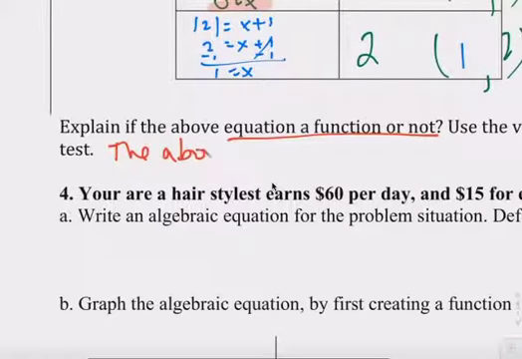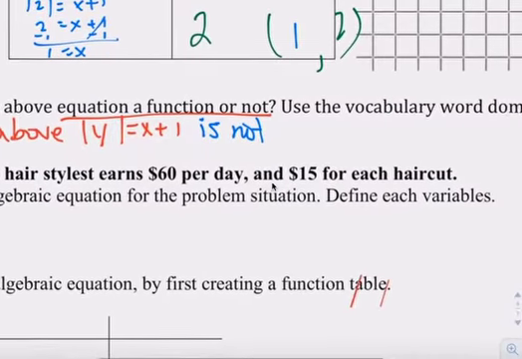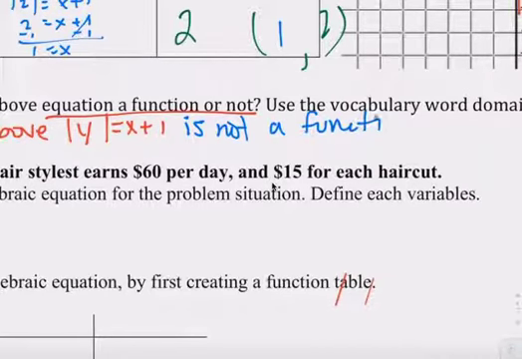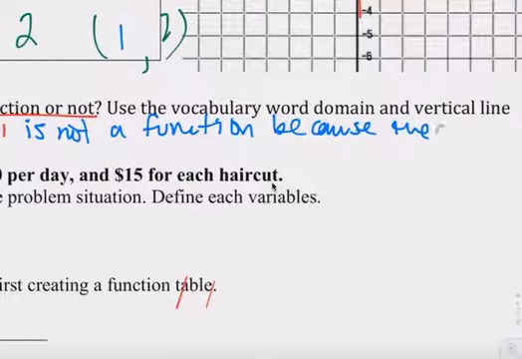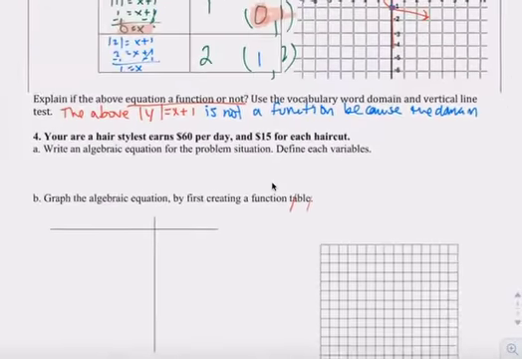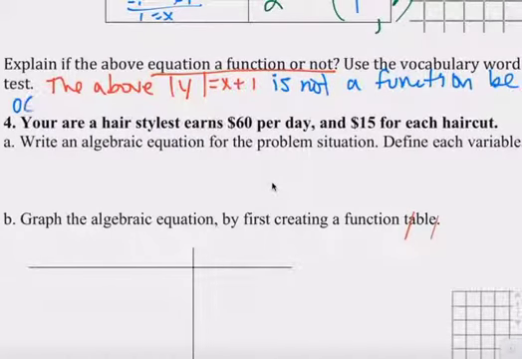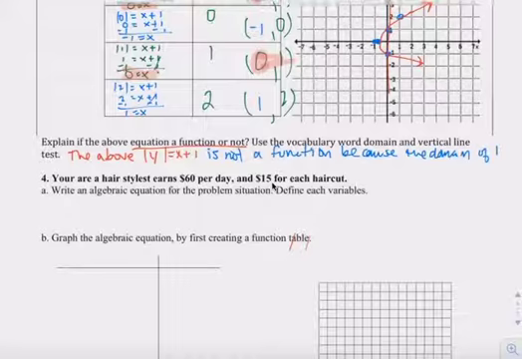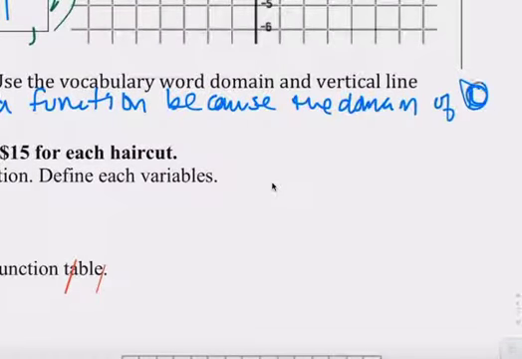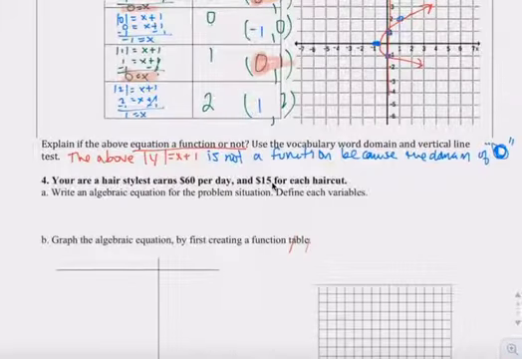The above equation, absolute value of y equals x plus 1, is not a function, because the domain occurs twice. The domain of 0, the 0 that I highlight, occurs twice.